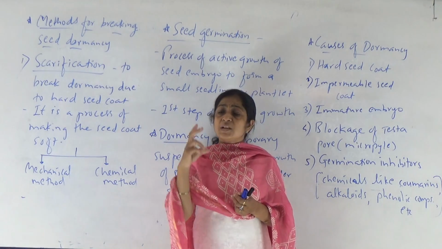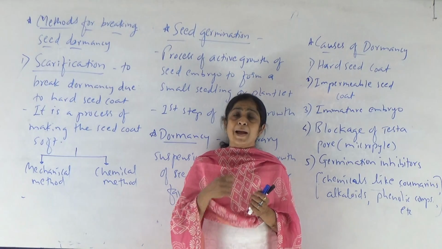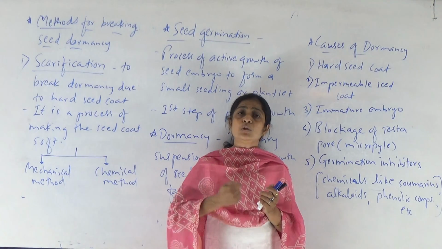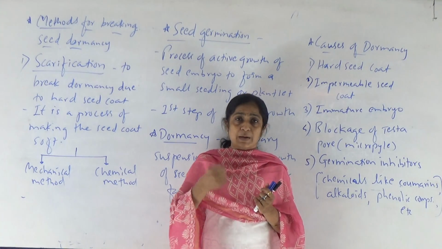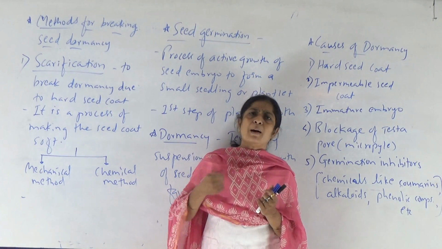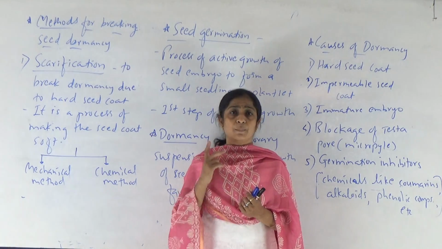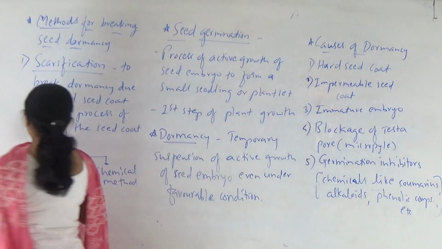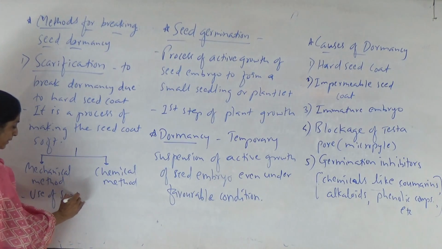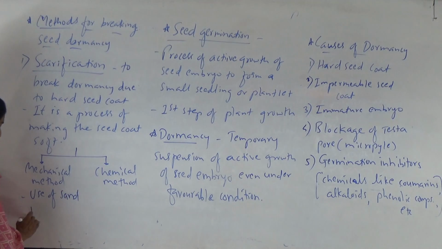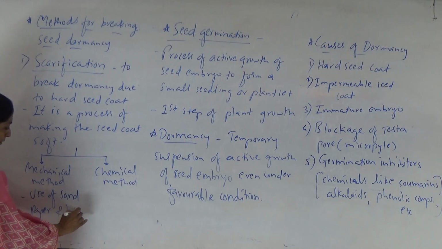And then if the seed size is larger, seed मोठ्या size आहे, then manually we may remove the outer hard part of the seed by using knives, चाकू किंवा तत्सम काहीतरी वापरून त्यावरचा hard part आपण seed coatचा काढून टाकला, seeds become soft and they are able to germinate. So in the mechanical method we may use sandpaper and knives.